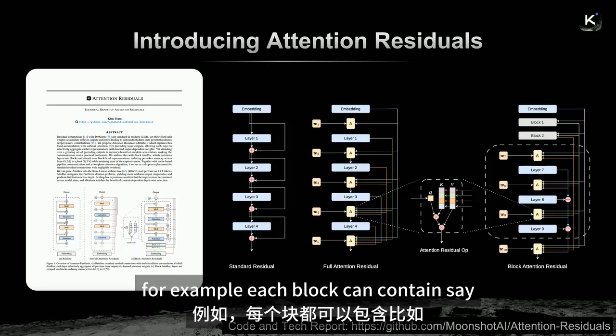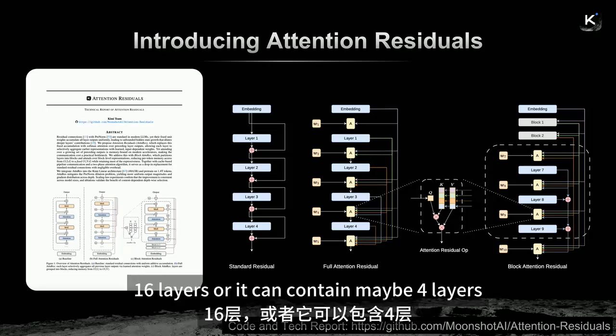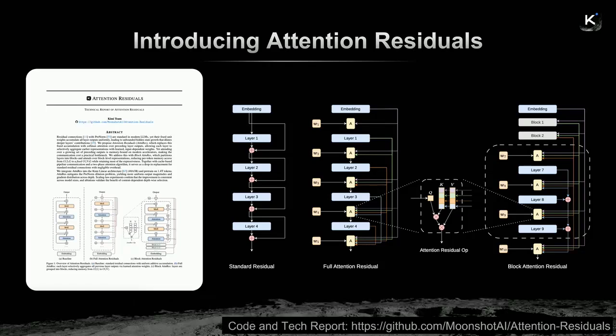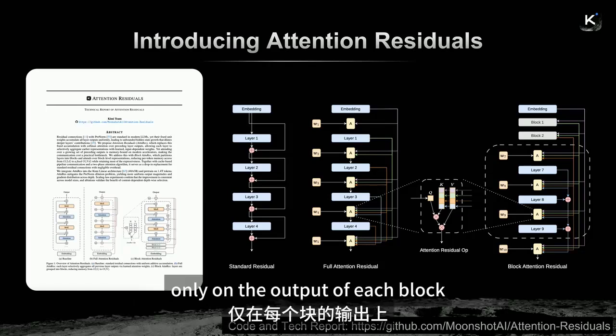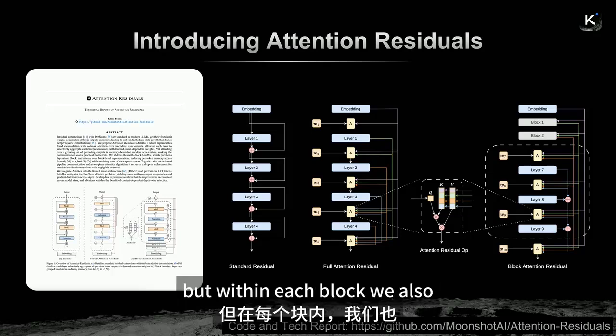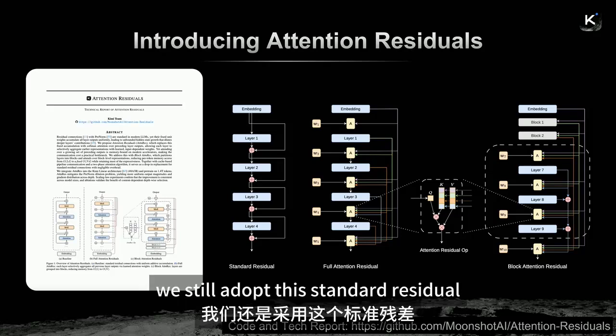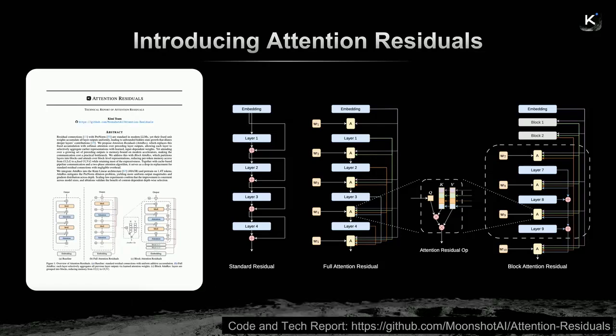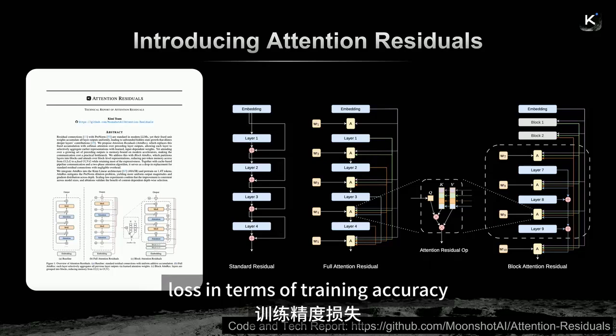For example, each block can contain 16 layers, or maybe 4 layers. Then for each block, we apply this attention residual only on the output of each block, but within each block we still adopt the standard residual. This reduces a lot of overhead while having minimal loss in terms of training accuracy.